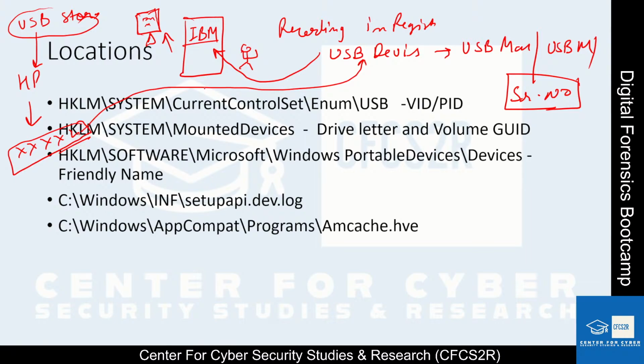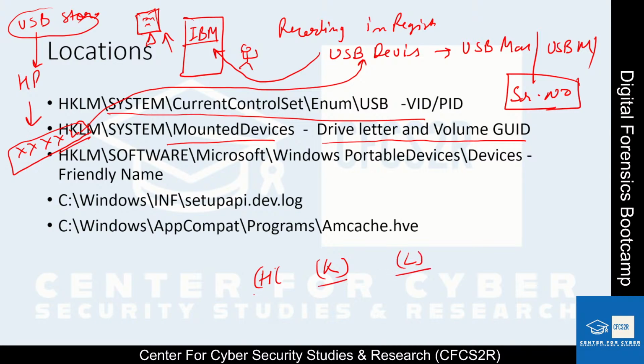So what are the locations for this? Like HKLM, which I already told you. Then we have mounted devices, drive letters and volume GUID, because when you connect a pen drive, sometimes it shows H, sometimes K, L. Every time some drive letter is assigned, and that drive letter detail is available in mounted devices.